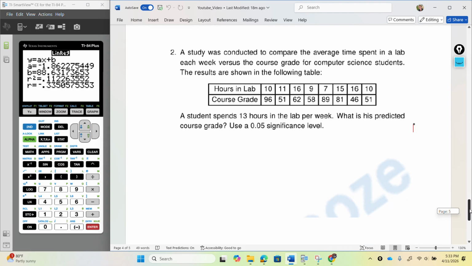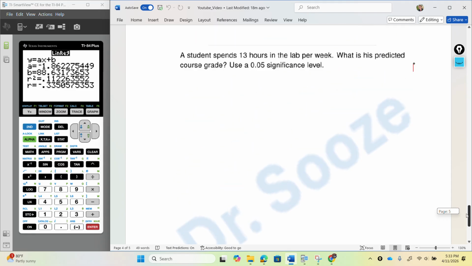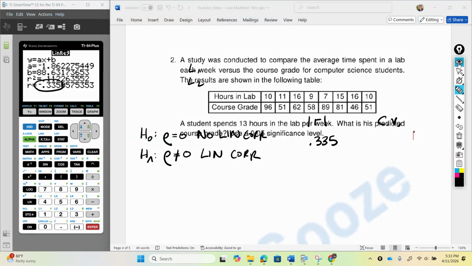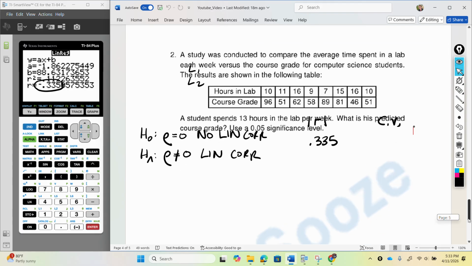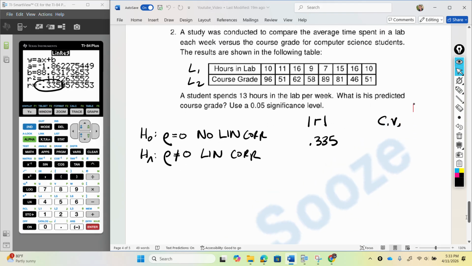And what I need to know for the chart is what N is. Okay, so N is the number of pairs that we have. And there is 1, 2, 3, 4, 5, 6, 7, 8 pairs. And once again, we're told that alpha is going to be 0.05.